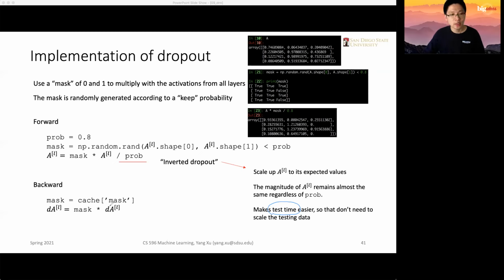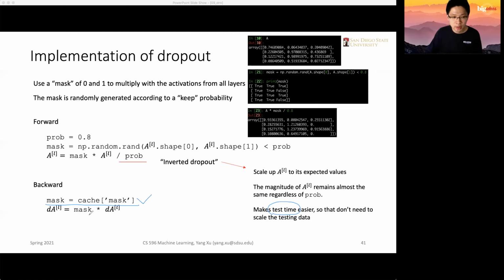I just mentioned that the mask should be kept, because when we have conducted a forward pass, we need to immediately do a backward pass. When we do the backward pass, not all the neurons need to receive gradients, because some neurons are temporarily removed.